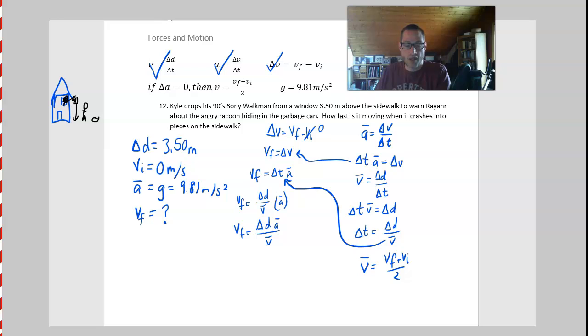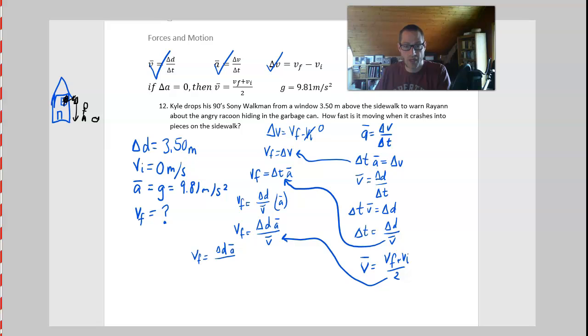Okay. And so this value here gets substituted in for the V bar. So we have, I guess I don't want to draw it too far away, but I need room. VF equals delta D A bar divided by V bar. Oh, sorry. Where's my handy eraser?